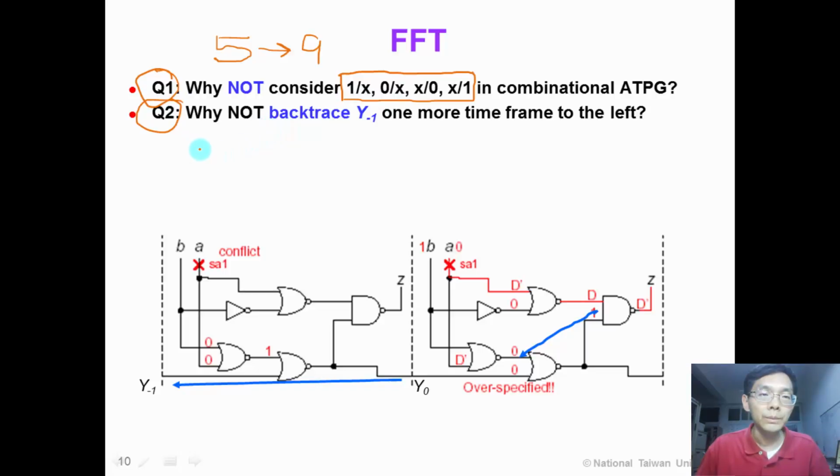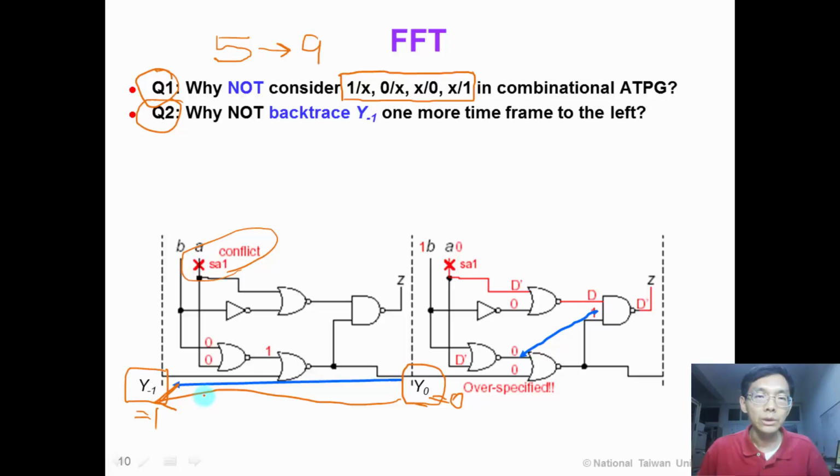For this specific sequential ATPG problem, we said that we failed to control Y0 to 0 because we have a conflict in the time frame. So, can we move one more time frame to the left? That is, can we control Y-1 to 1? Does this work? Please think about these 2 interesting questions.